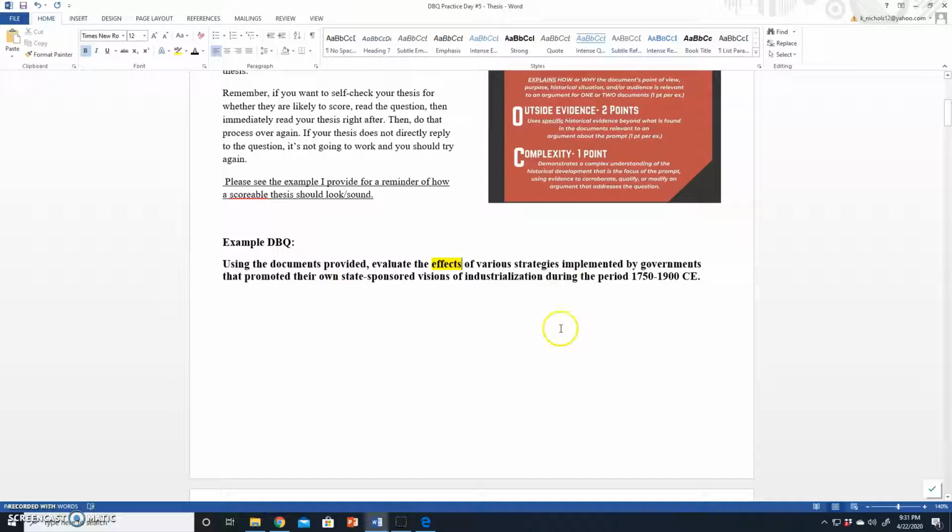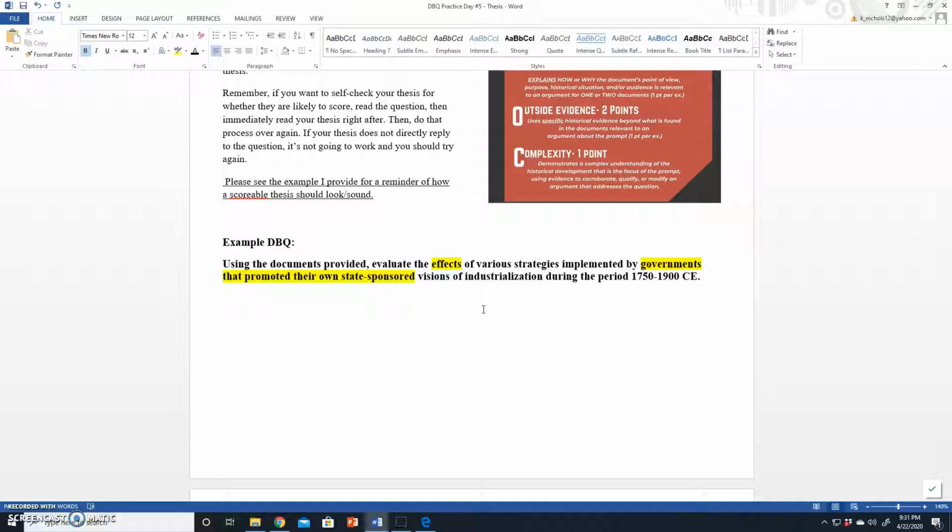The other key thing that a lot of people might miss in this is not necessarily the time period, but it's going to be promoted their own state-sponsored visions. You could even include governments in this. And that's key because you're not just talking about industrialization on the whole.